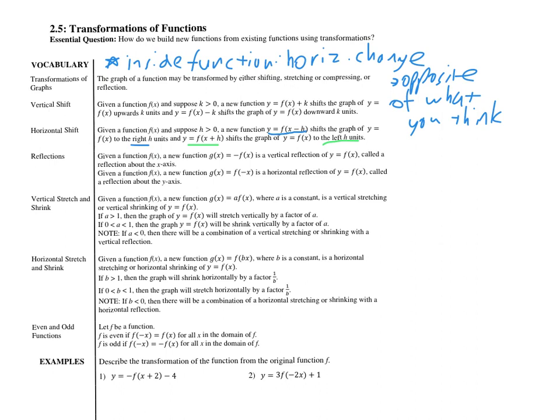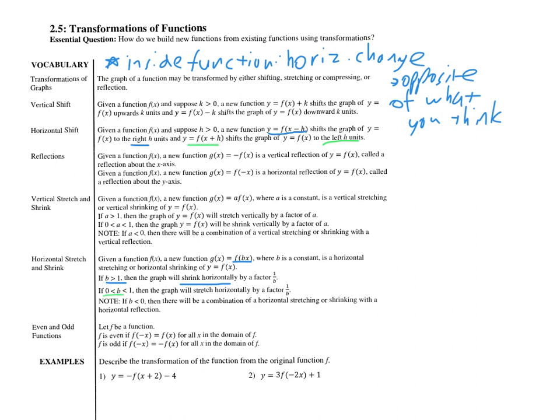We see that again here, and I'll highlight this as well. When you have multiplying going on inside of the function, like b times x, if it's a big number, b greater than 1, you would think that multiplying by a big number would make it bigger, that it would stretch it, but it actually shrinks it horizontally.